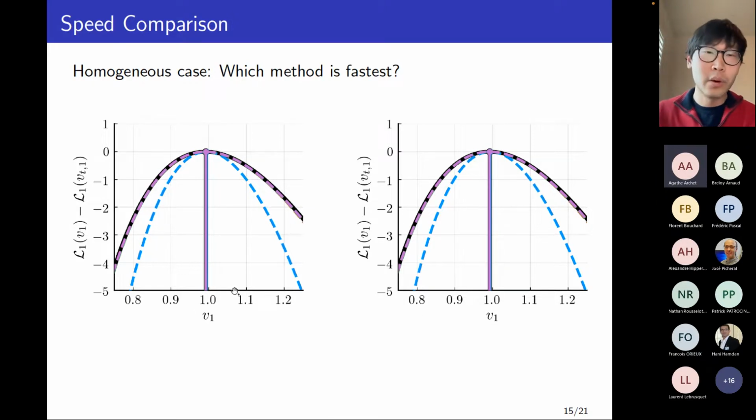Here in black is the actual objective function, and here you can see all the different minorizers. In blue here is the difference of concave, and you can see that all the other minorizers essentially match the objective function, but the blue minorizer, the difference of concave minorizer, doesn't, and that's part of the reason why we see slower convergence there.